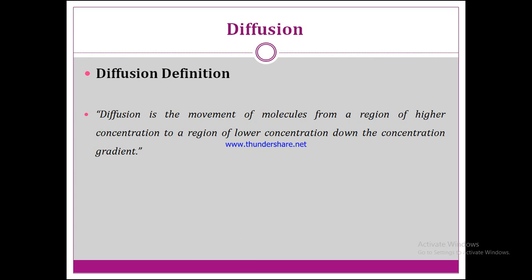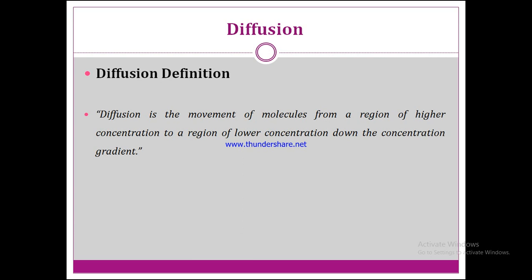Diffusion is the movement of molecules from a region of higher concentration to a region of lower concentration down the concentration gradient. It is the most important process as we consider the semiconducting material fabrication processes.